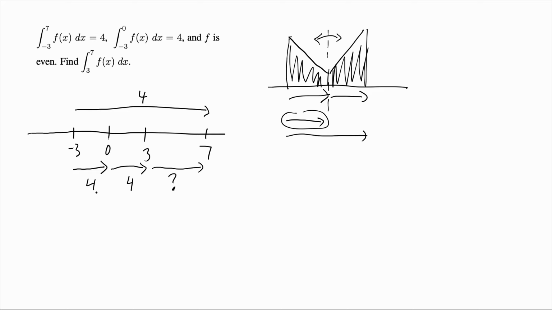Well, notice we have 4 plus 4, so 8, but we're going to have to subtract a 4 here to get back to 4. Essentially, since this is 4 right here, the rest of the way has to be a 0. And since this is 4, we have to have a negative 4 right here. So it looks like this integral is negative 4.